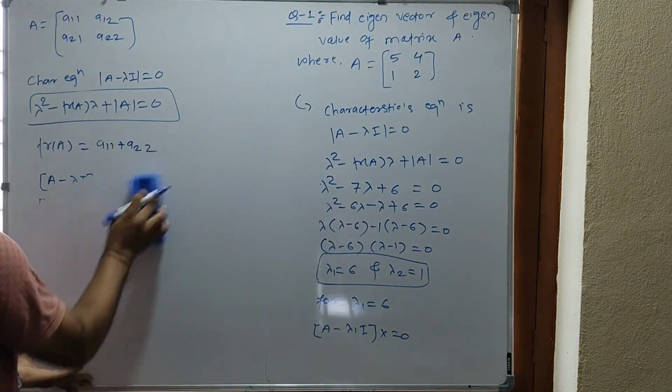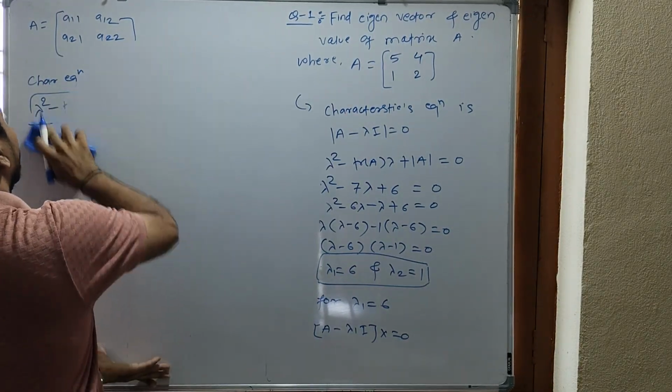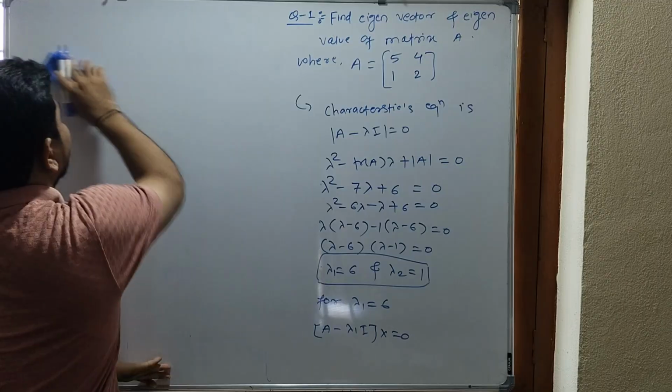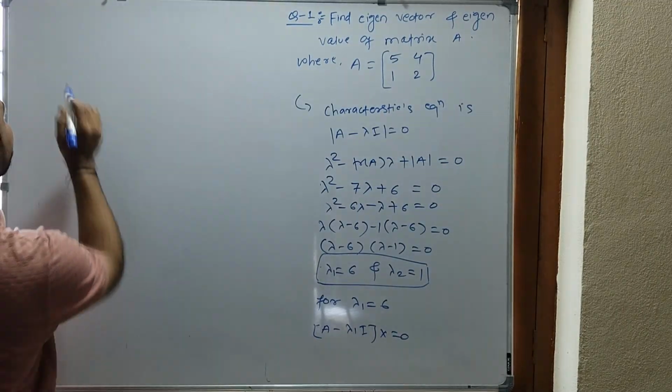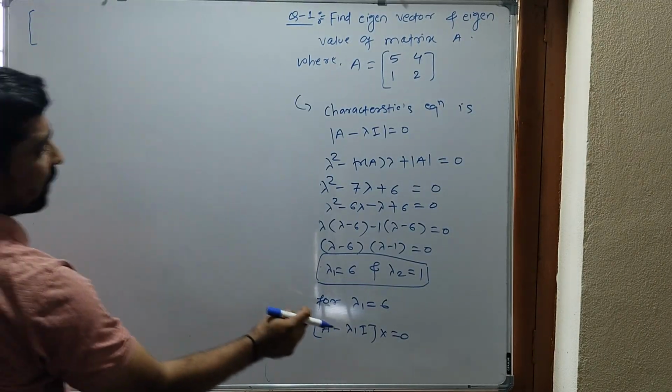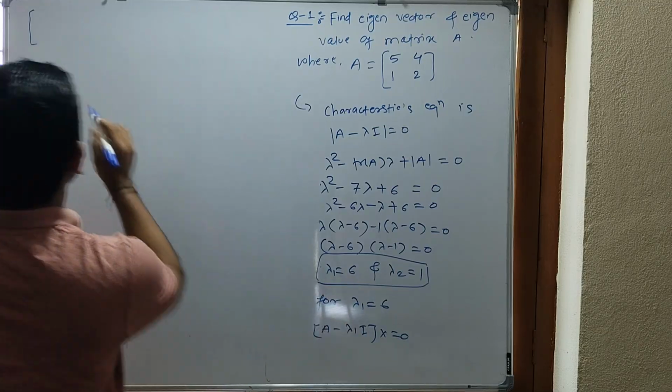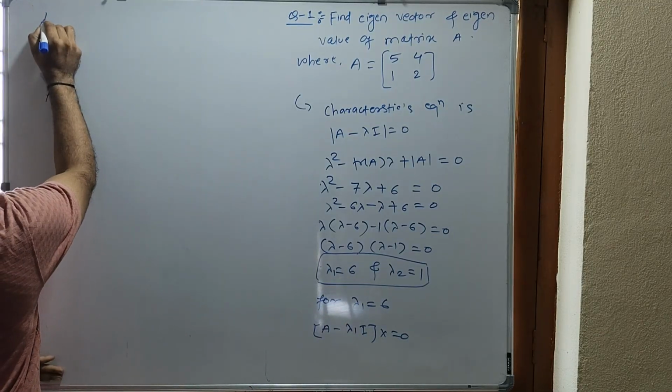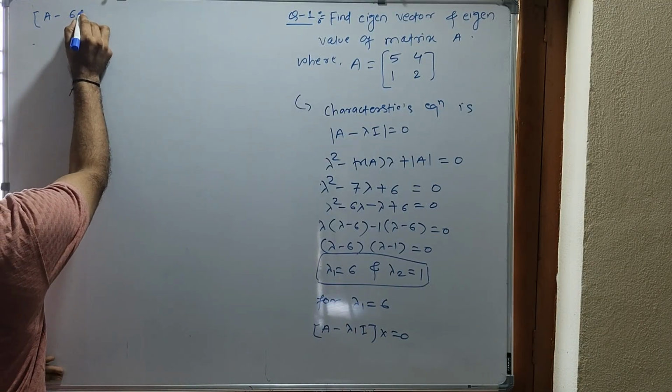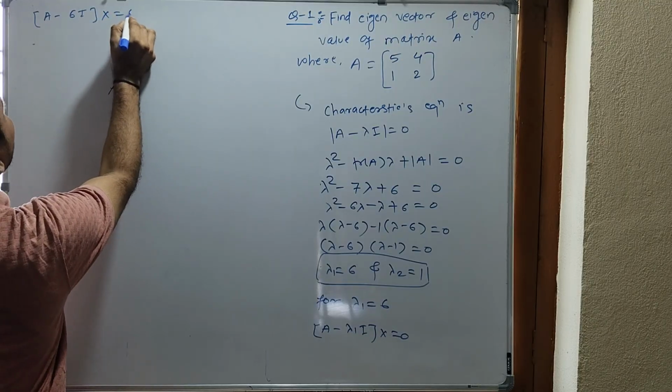This is the same as A minus 6 into I into X, which is equal to 0.